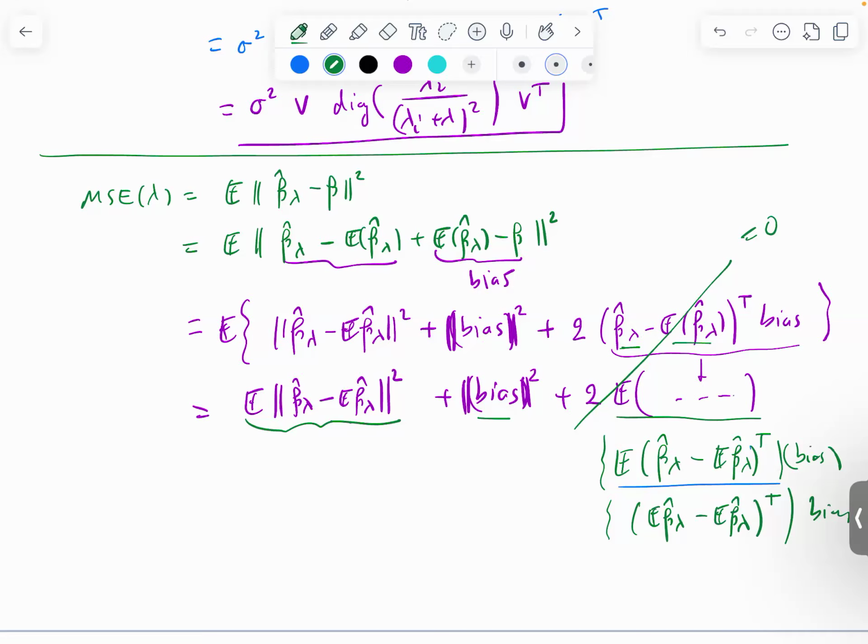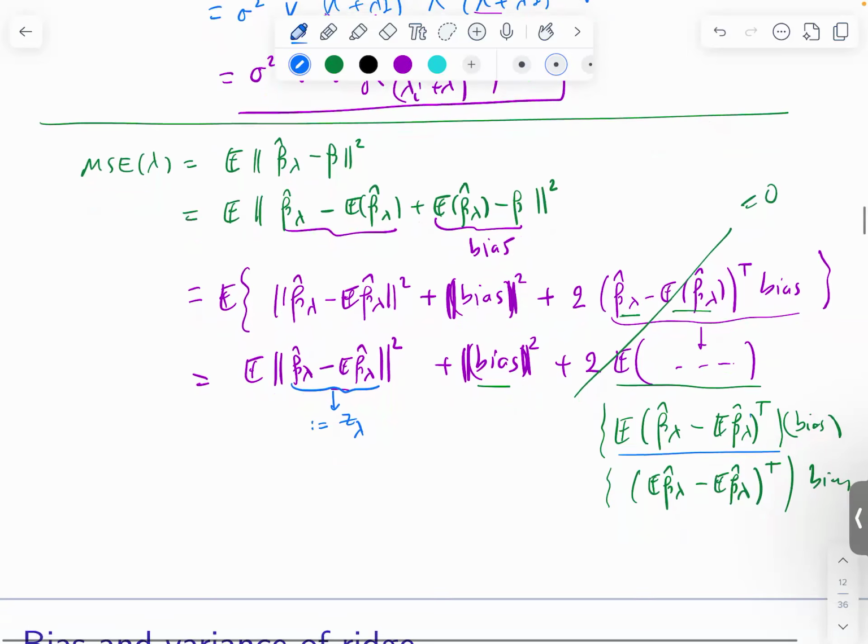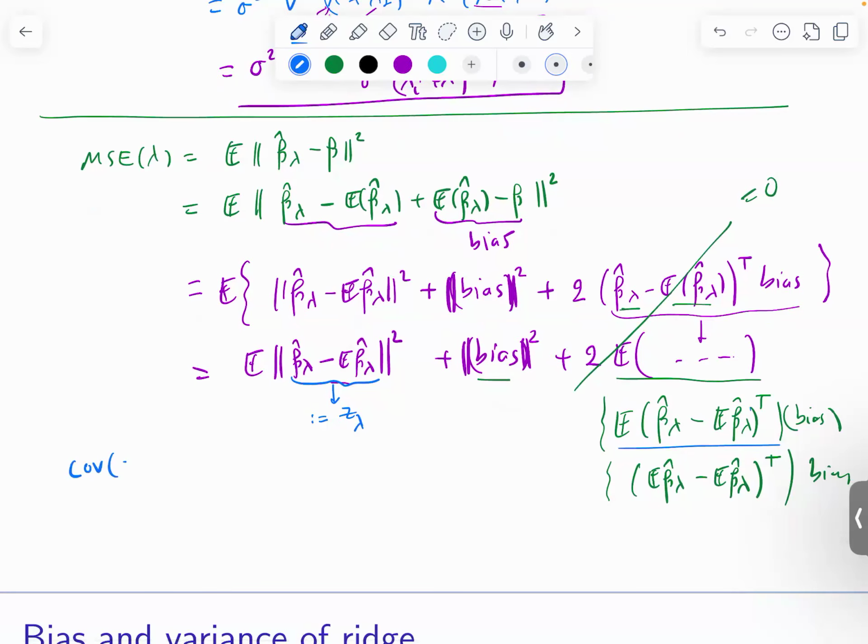Right. So what I'm going to do is, for simplicity, call this deviation z lambda. So I want to ask you, anyone remembers what the definition of the covariance of beta hat lambda was? Can I write it in terms of the z lambda, let's say?